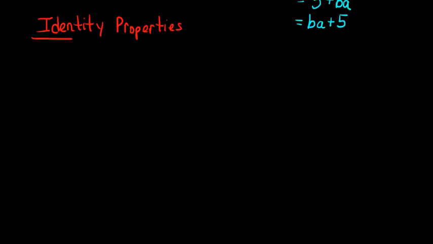Alright, identity properties are what you do to a number to make it equal to itself. Now when we add, we know that if we add 0 to a number, it's not going to change it. So it's going to be equal to itself.